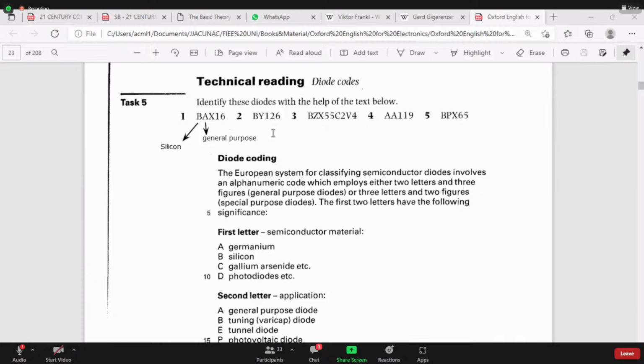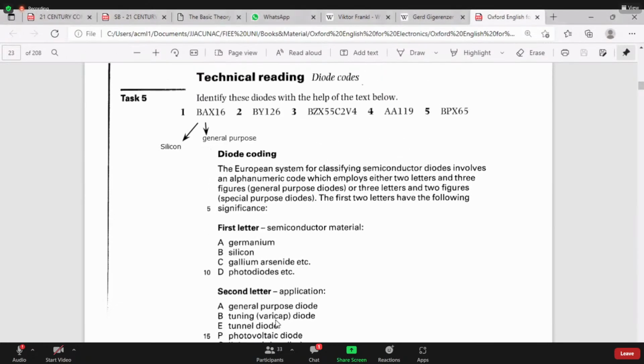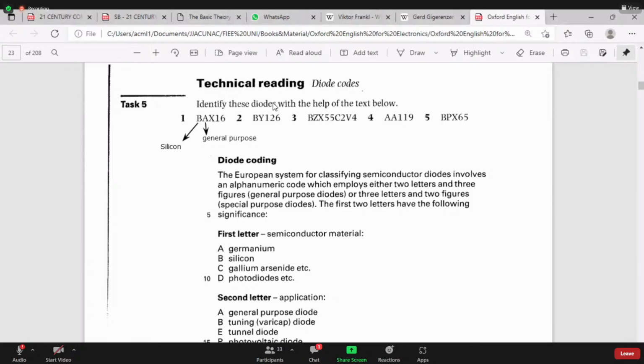There are different types of diodes according to the models. Now, BY is very similar, but in this case we are talking about a silicon, and the second letter is Y. What is the Y for? So we scroll, and they say Y is for power rectifier. So that is a silicon power rectifier, the model 126.